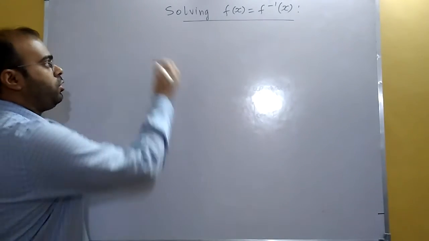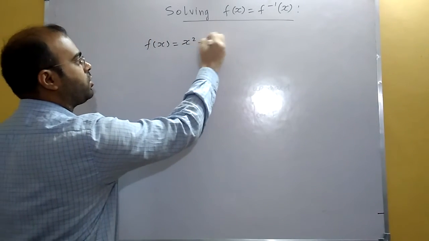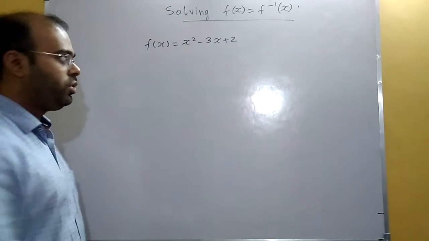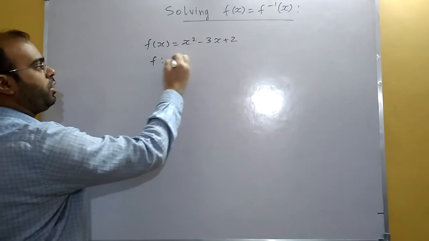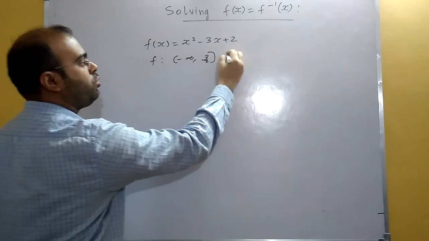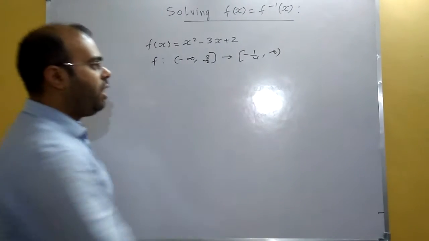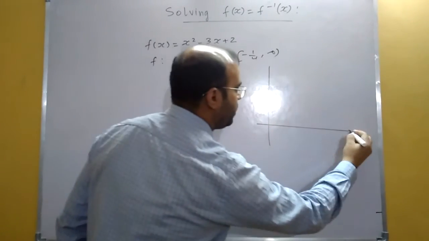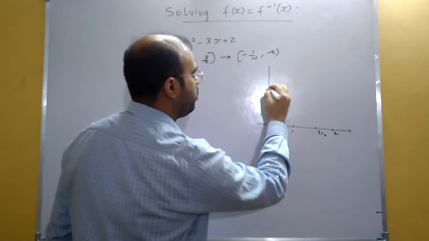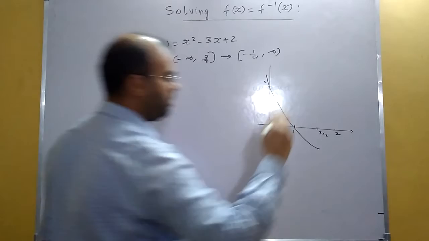So students, now we have changed this function f(x) = x square minus 3x plus 2 into a 1-1 and onto function form. This becomes minus infinity to 3 by 2, mapped to minus 1 by 4 to infinity. And the graph is like this, with 1 and 2, 3 by 2, and (0, 2). The graph goes like this.